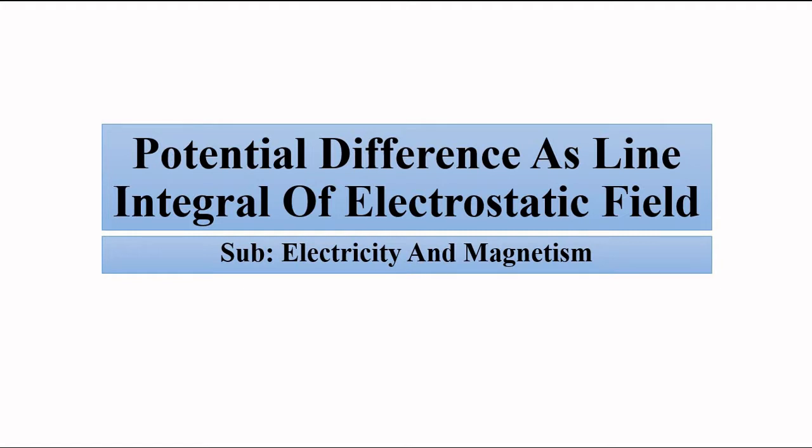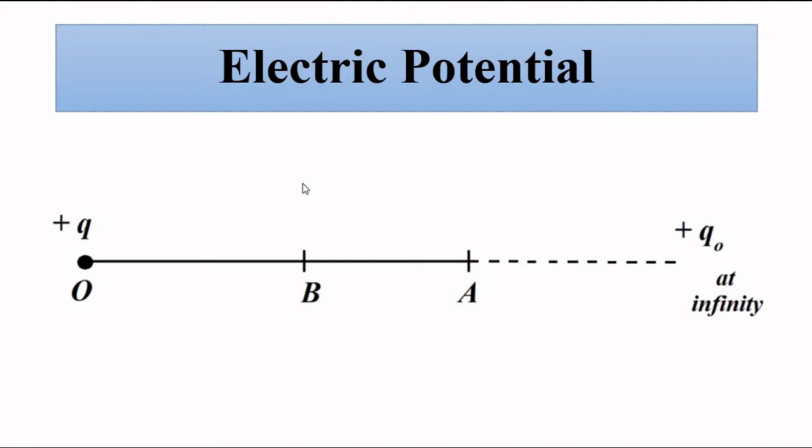So far we have discussed the basic concepts related to electric potential, what essentially it means, and there we established that electric potential is the work done on a test charge to move it from one point to the other against the electric field.